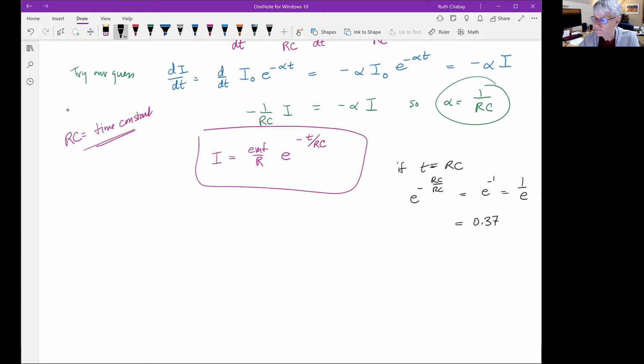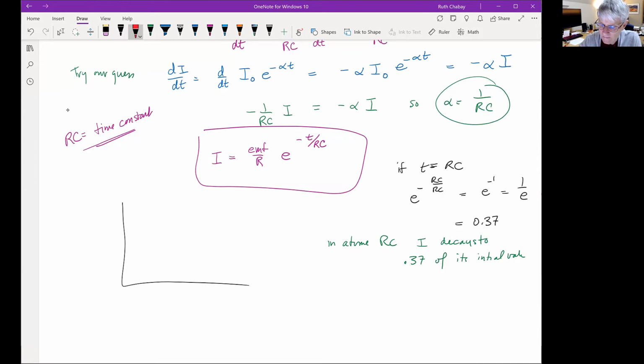So in a time RC, I decays to 0.37 of its initial value. So we get down to here, and that's t equals RC.